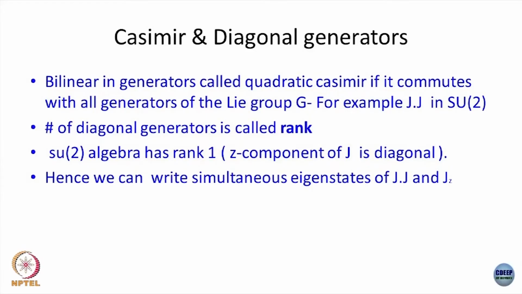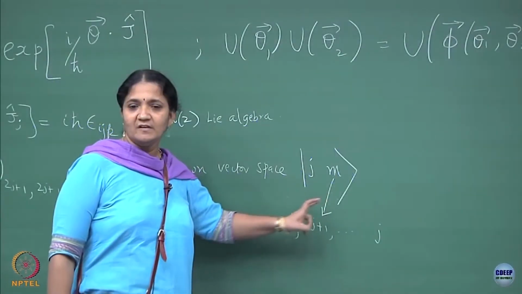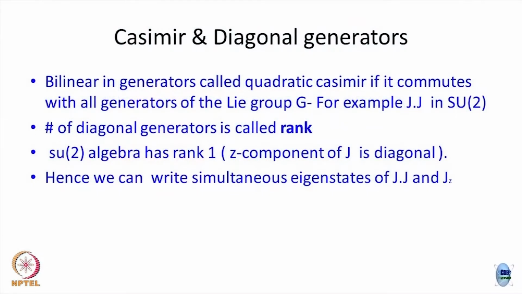Why are we using this state? It is something which you have learnt in quantum mechanics. That is what is called a Casimir operator. What is a Casimir operator? A Casimir is bilinear in generators, and it should commute with all the generators of the Lie group.